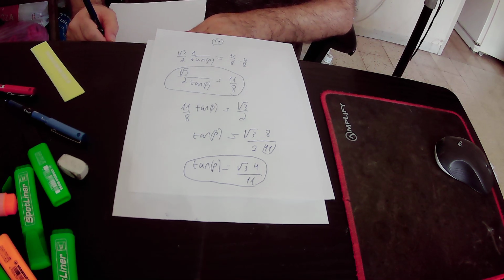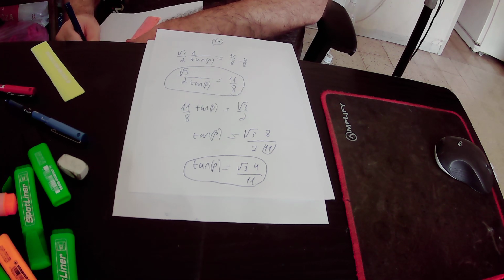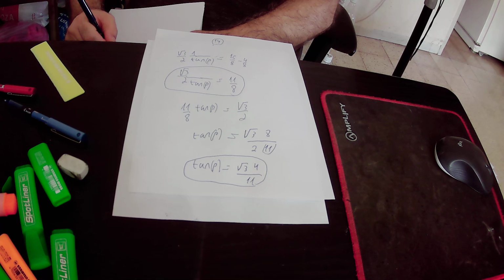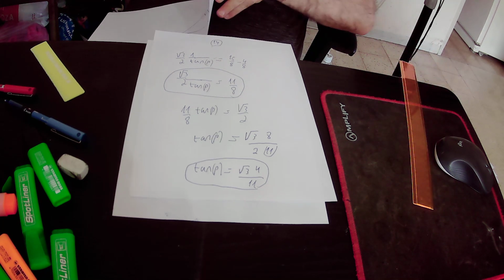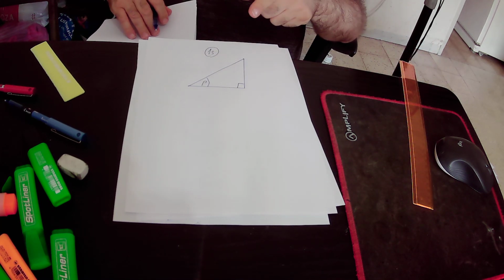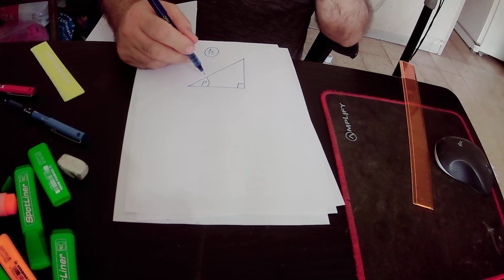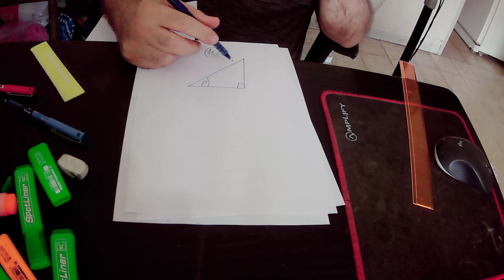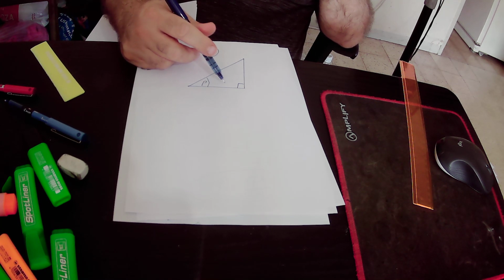So if we have this right triangle with angle p, then tangent p is the ratio between the side that is in front of angle p over the side that is near angle p.